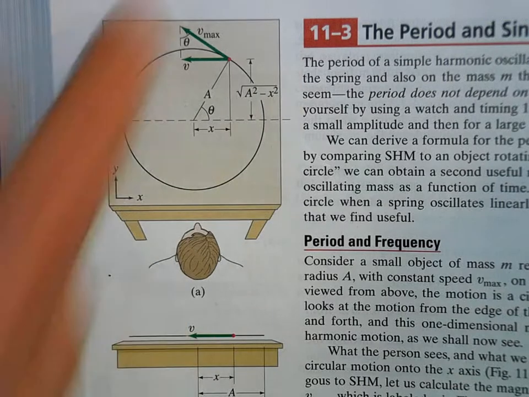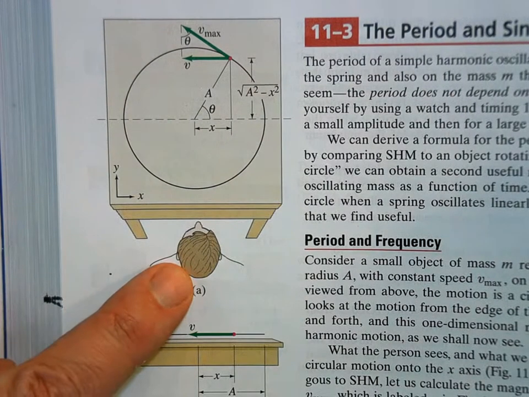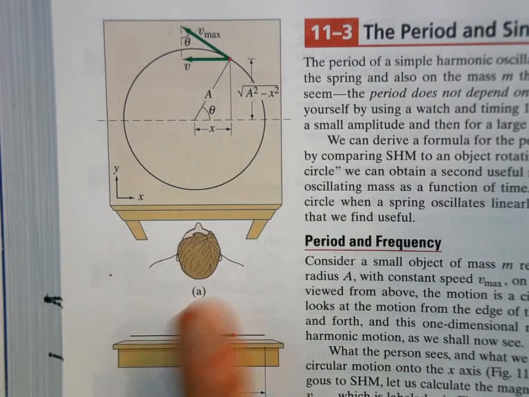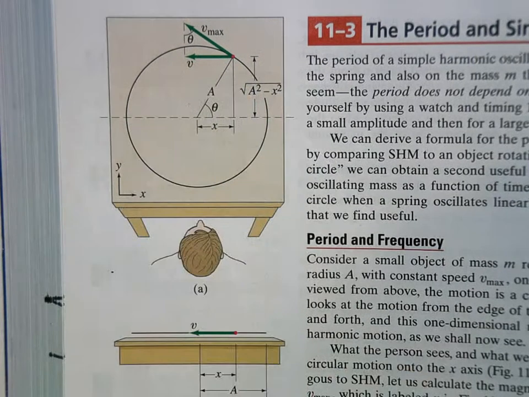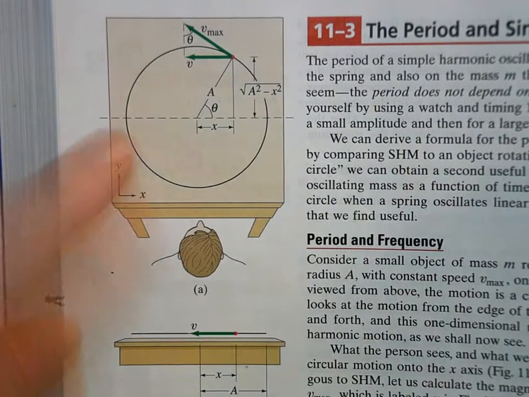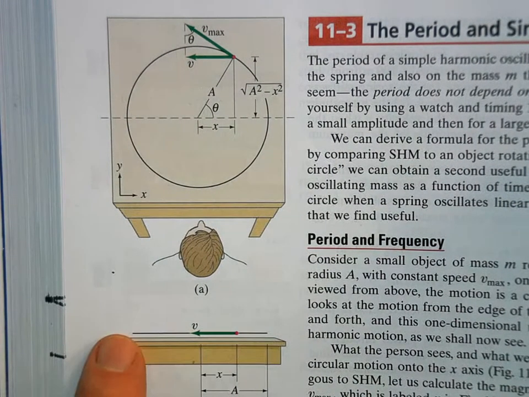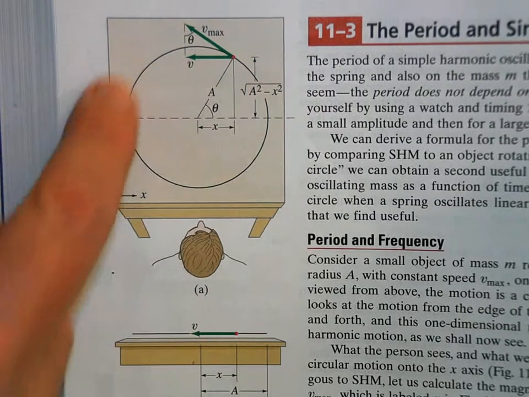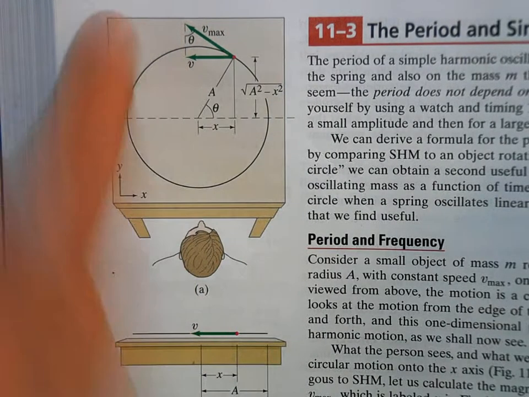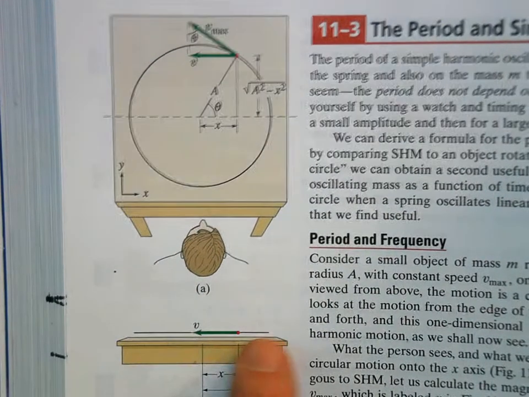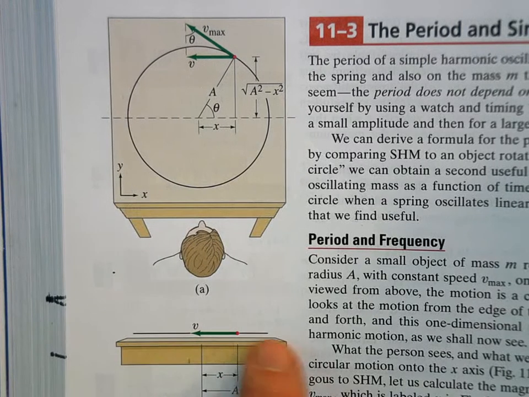And you've got your observer right here, and he is looking at it edge on, so you can't see the circle, you just see basically the x-axis. And as this thing circles around, he's saying it's just oscillating back and forth like this along the x-axis.